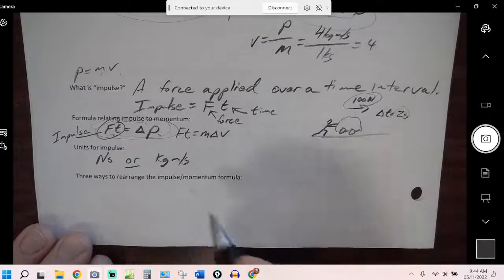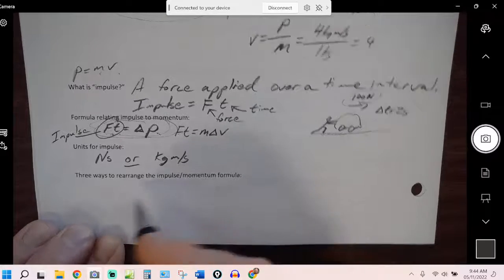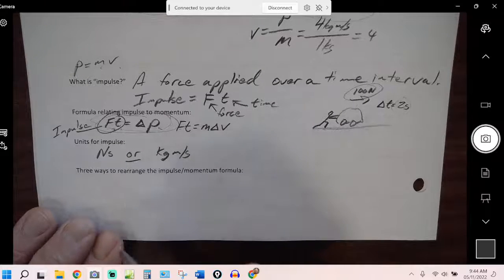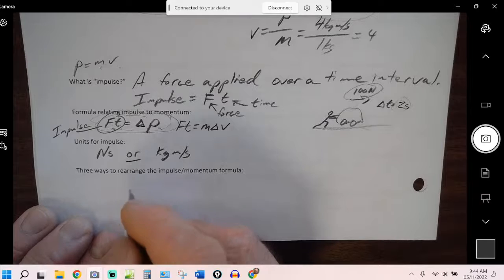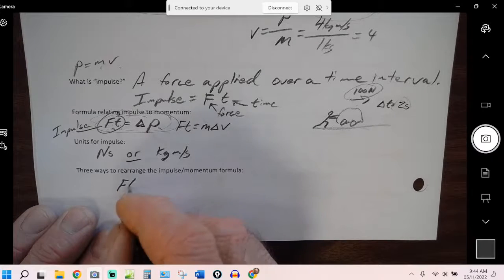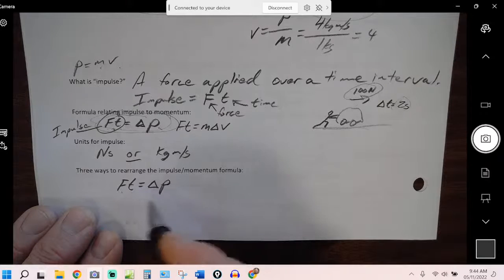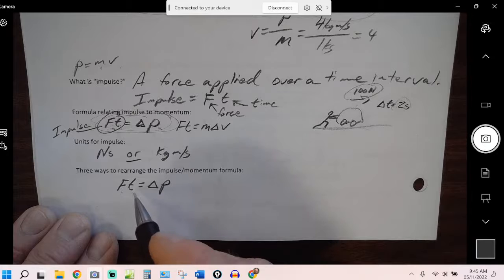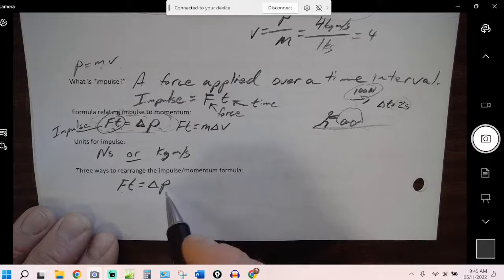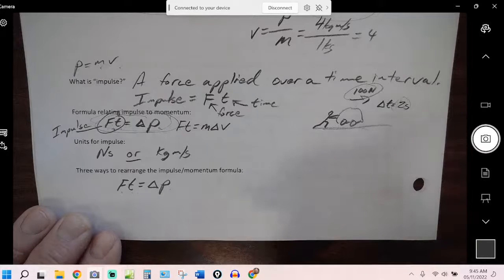So there are 3 different ways to rearrange the impulse momentum formula. I feel like by this point, if you see a formula that's got this format where it's 2 things multiplied together equal another thing, you ought to be able to tell me how to solve for t or F or delta p without me helping you along there.